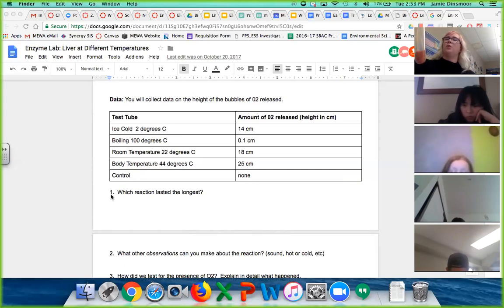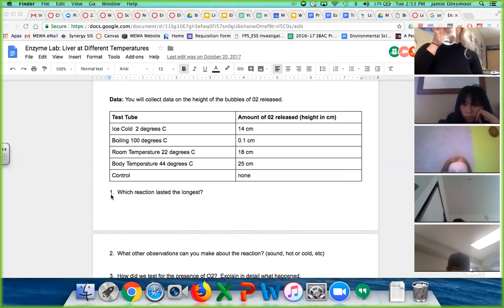Easiest question of the day, and no one answers it. Oh, there we go. Do we see any bubbling? No, the liver's just chilling by itself. What does hydrogen peroxide look like when you pour it by itself? Is it doing anything? No, right?